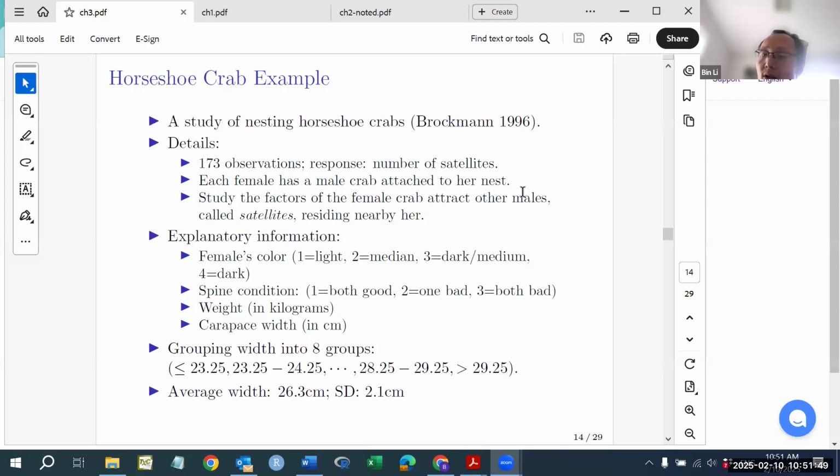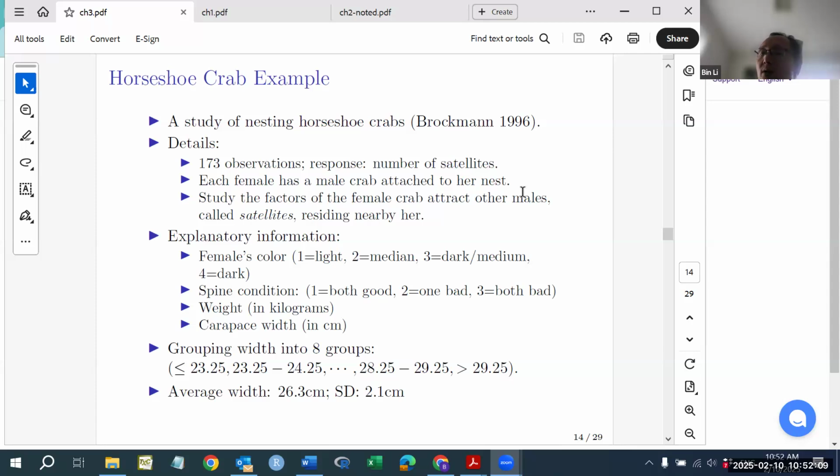We collected 173 female crabs and counted the number of satellites around each of them.